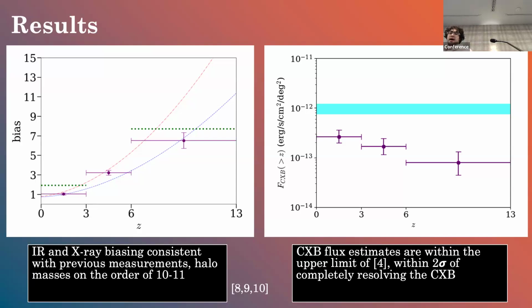And the high z is consistent with effective bias measurements from Ricarte et al., who studied the different seeding scenarios contributing to the X-ray background. We can also estimate the flux production, which is within the upper limit from Cappelluti et al. 2017, and we are within 2 sigma of resolving the extragalactic soft CXB.